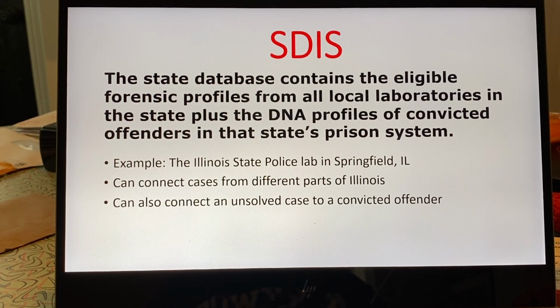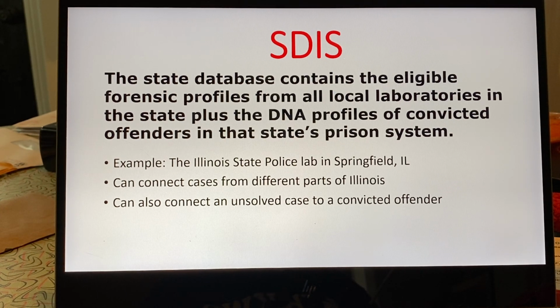So at the state system, for example, we have an Illinois State Police Crime Lab in Springfield, Illinois. There are labs all over the state of Illinois, and of course in Chicago where I worked. So all of the different labs in Illinois, once a month, upload all of their profiles to the state system, and then there's a state search. So this shows, hey, maybe we have a case from Carbondale, which is down in the southern part of the state, and it's connecting to a case up in Chicago.